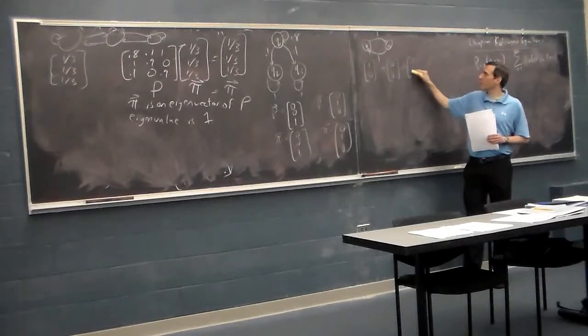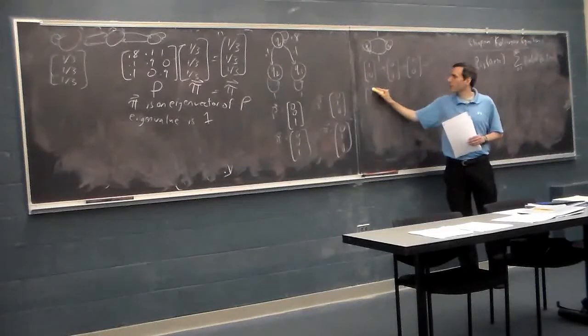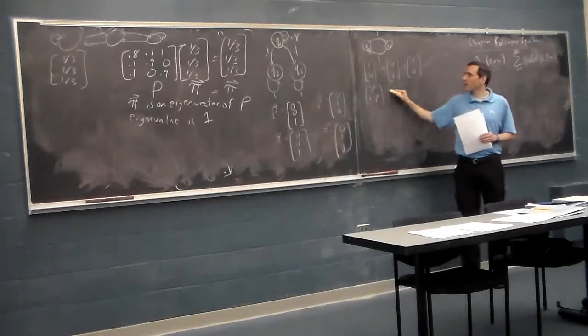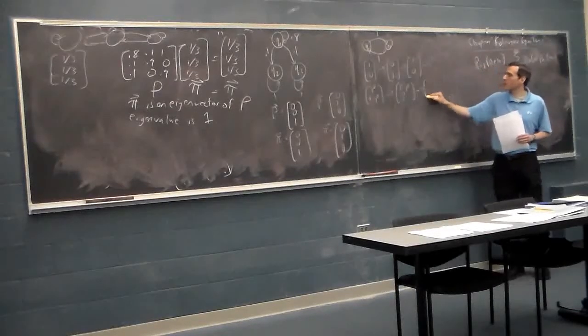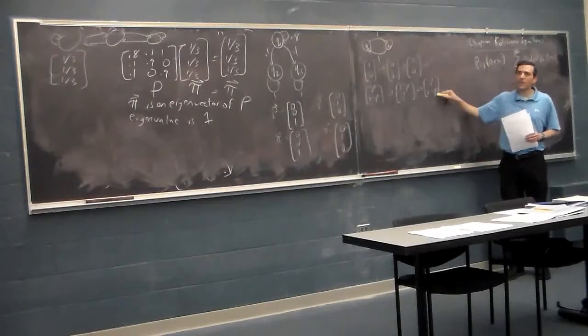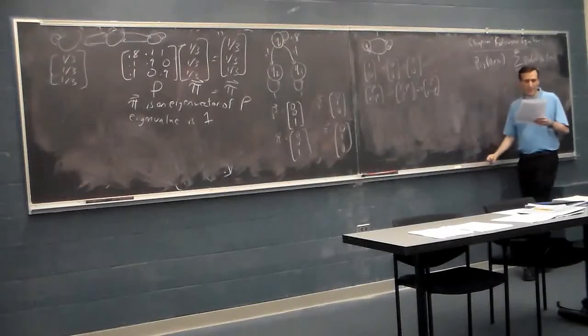On the next step it is 1, 0, and so on. In general, if the starting vector were p, 1 minus p, then the next step it would be 1 minus p, p. The next step it would be p, 1 minus p. So basically, this model is just flipping the probability distribution on each successive step.